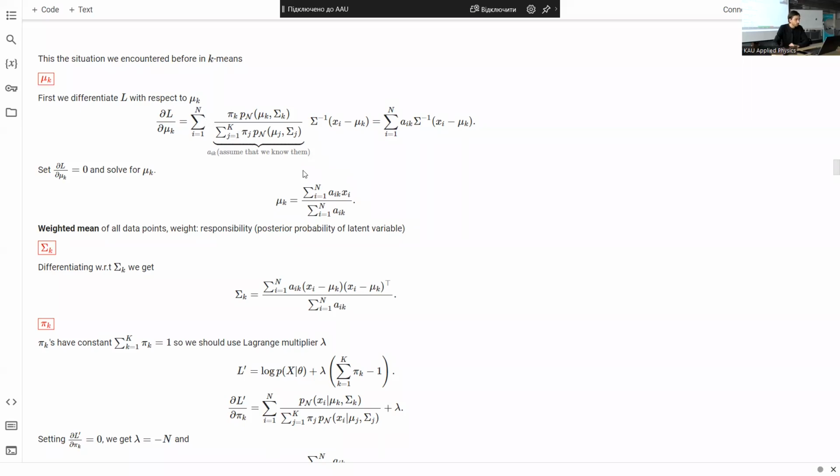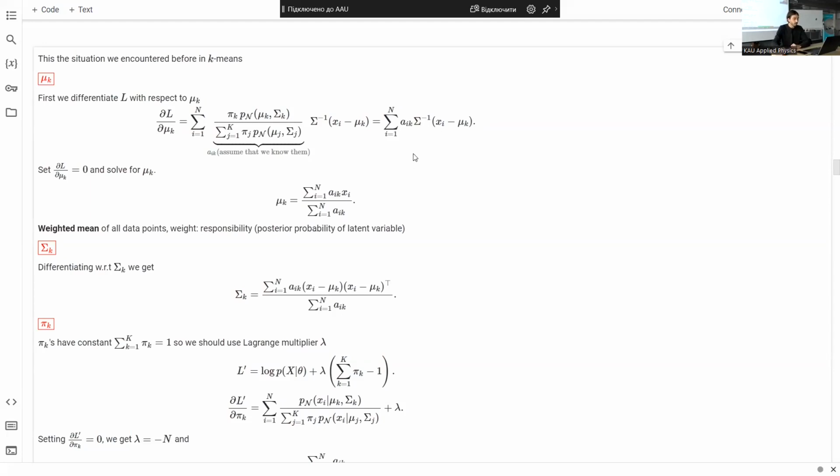I just want to show you this interesting property: when we take the derivative of our likelihood with respect to, for example, mu, you get these parameters aik multiplied by some parameters of our distributions. That's a really nice property that comes from differentiating the exponent. When you are searching for the derivative of the exponent, you basically get the same exponent that you had times the derivative of whatever you were exponentiating. So this is basically the case.